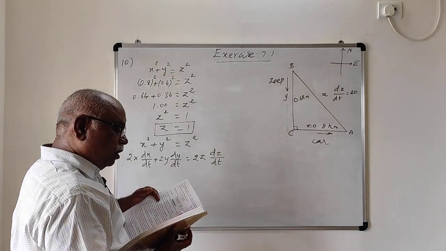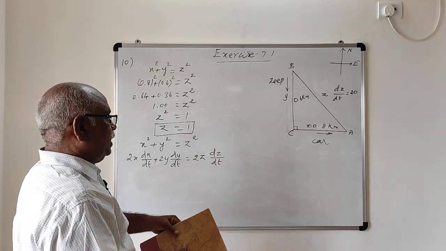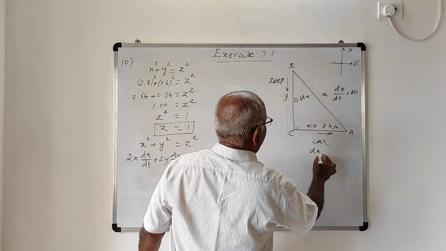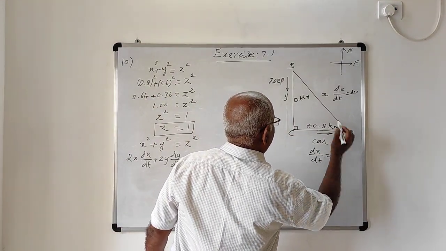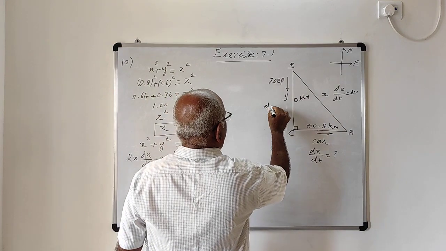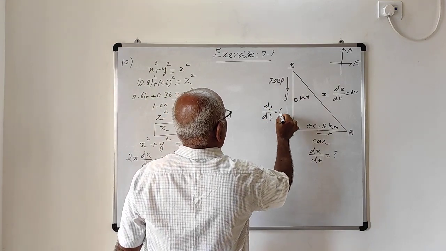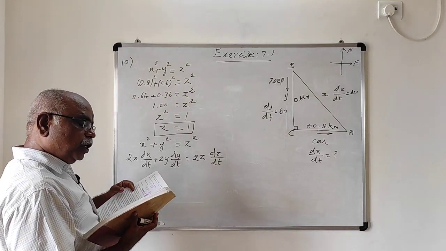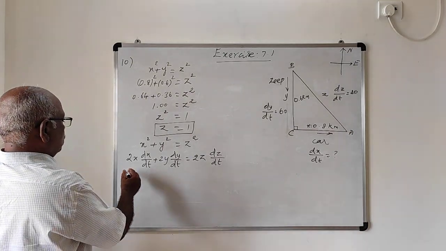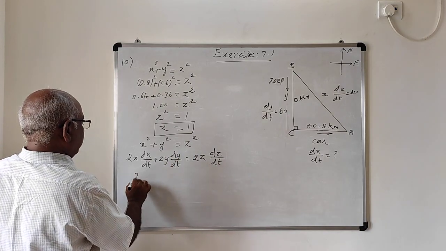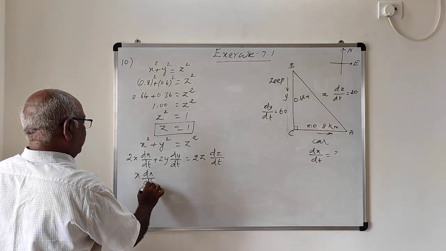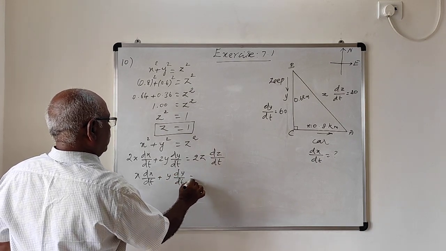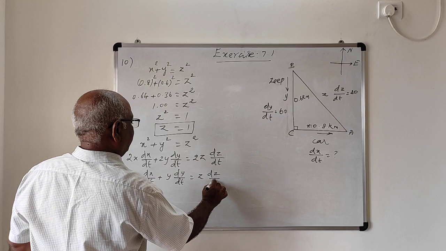The question is how fast the car is moving, so they want to find dx by dt. dy by dt is also given as 60 km per hour, the speed of the jeep. So 2 cancels on both sides, and you get x dx by dt plus y dy by dt equal to z dz by dt.